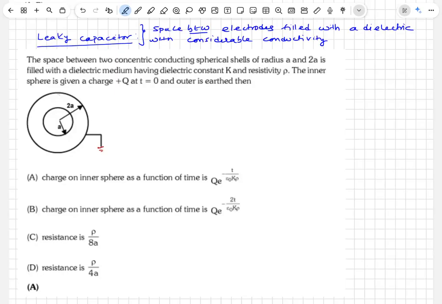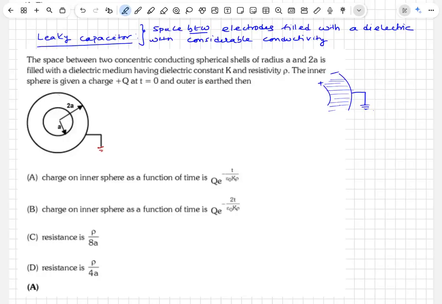Ideally, it should be zero. Capacity of a capacitor, that's some space with considerable conductivity.